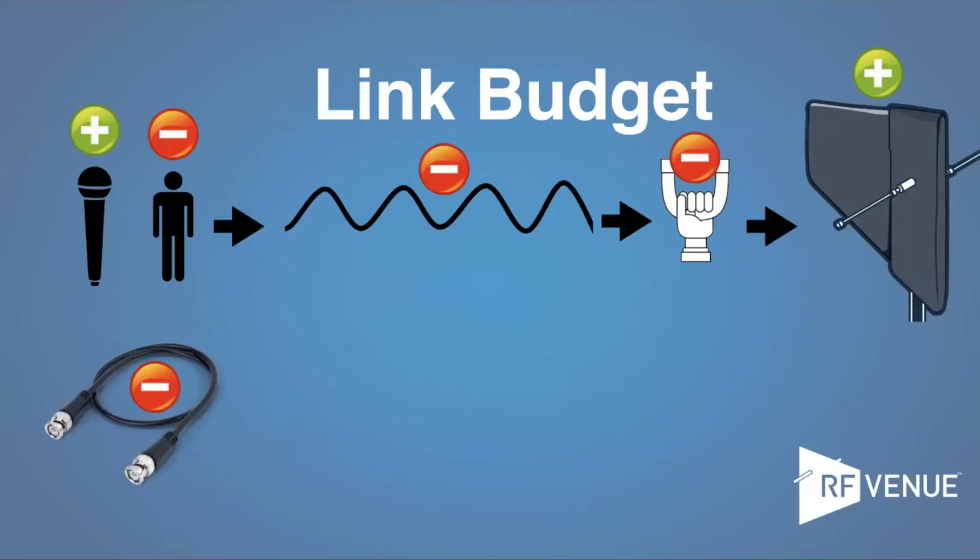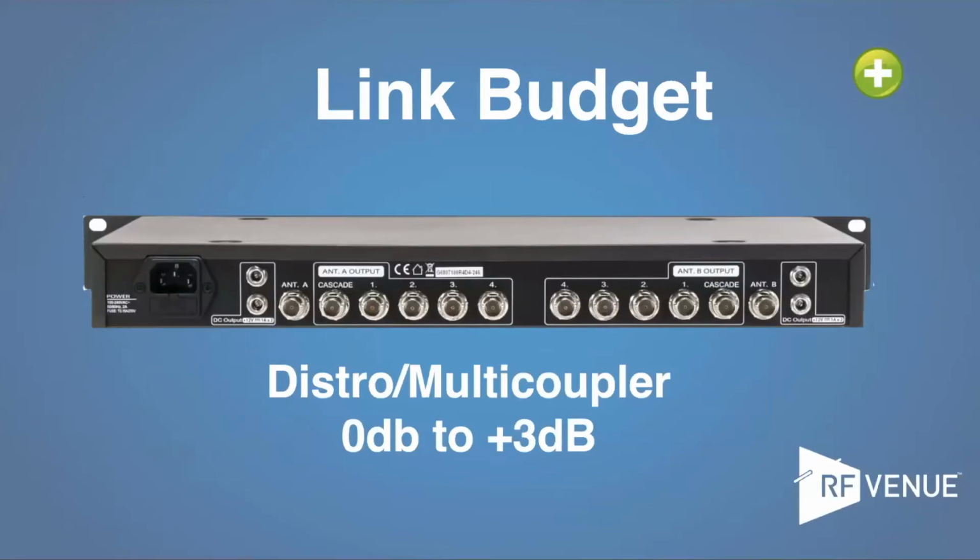And then of course that cable, unless you're plugging it straight into the receiver, you're plugging it into your distro or your multi-coupler. If it's an active unit like our Distro 4 or other brands, it's probably not going to have any loss. It's going to be somewhere from unity to maybe a plus 3 dB, depending on a number of things, depending on frequency.